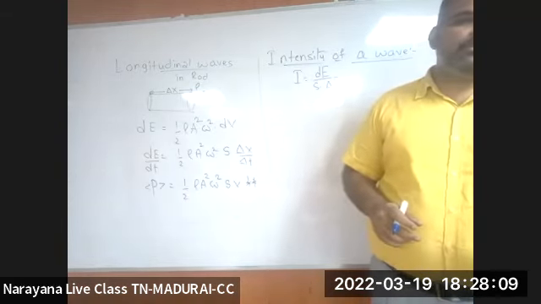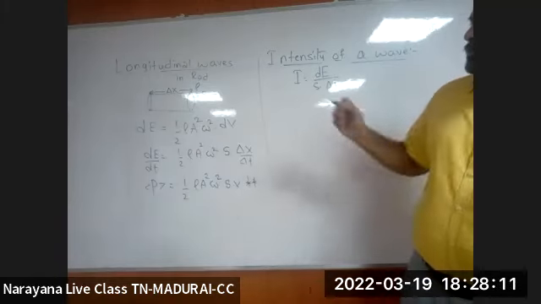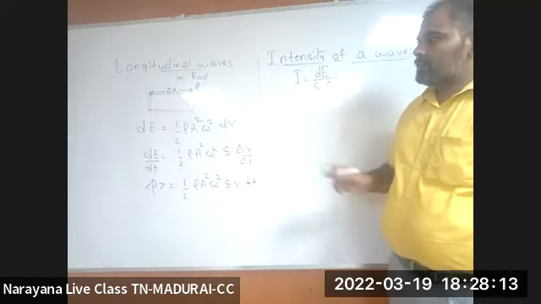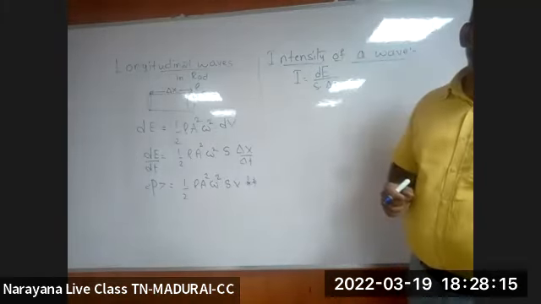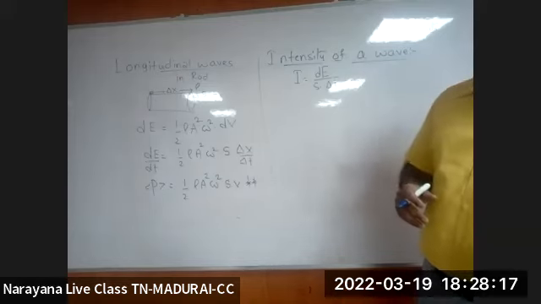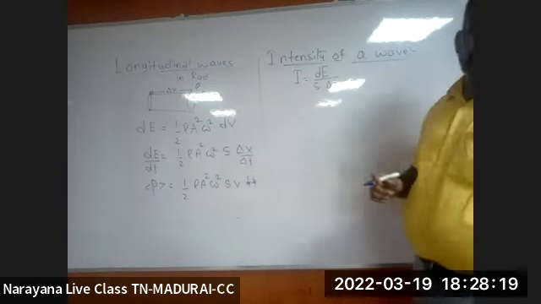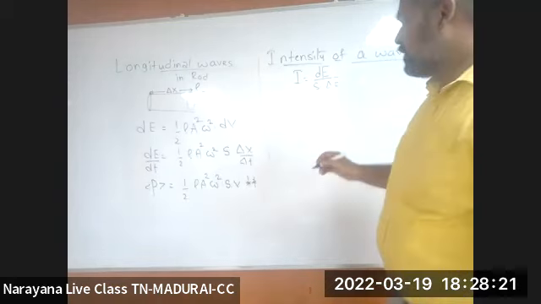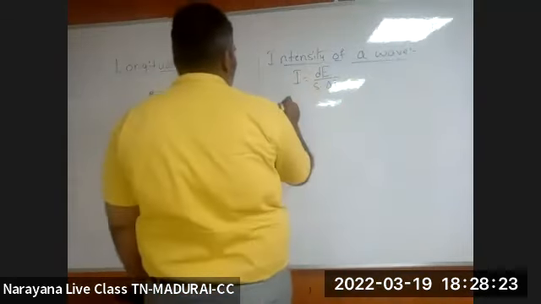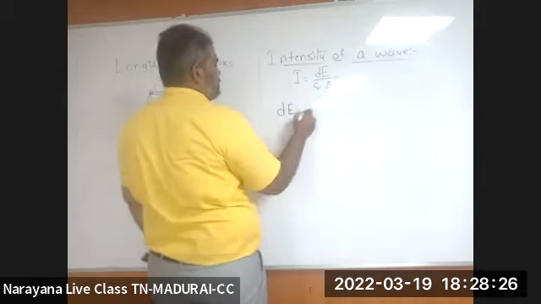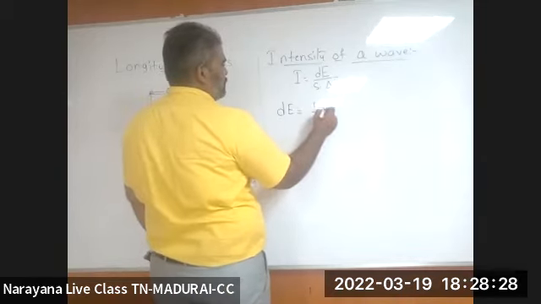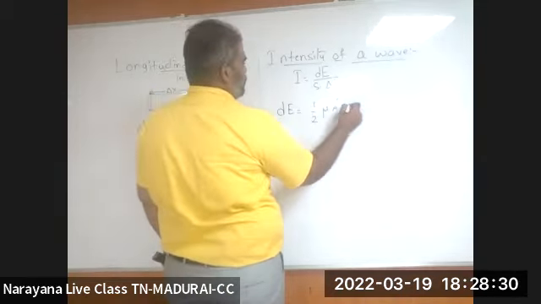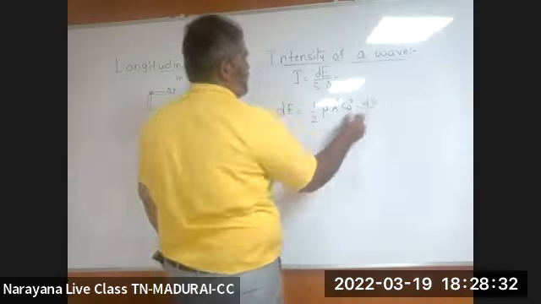Now, as per our discussion, we will discuss two different intensities. For the transverse wave in strings, tell me, what is the energy of the transverse waves? Energy is equal to how much? Half into mu into A square into omega square into the length of the string.